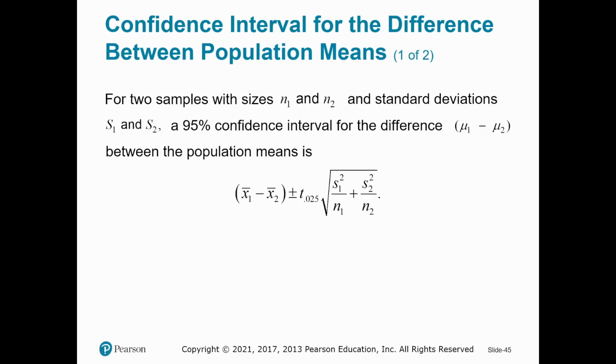Confidence interval for the difference between population means, continued. For two samples, and really I should emphasize for two independent, random samples with sample sizes n sub 1 and n sub 2, and now it should say sample standard deviations. Put the word sample over here in your notes.